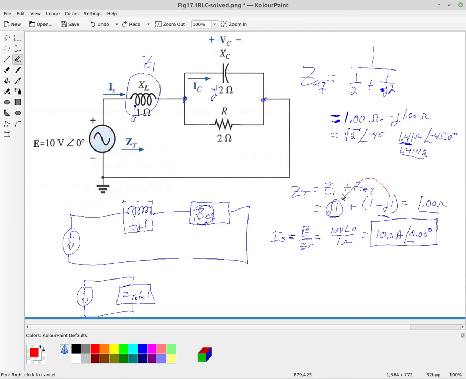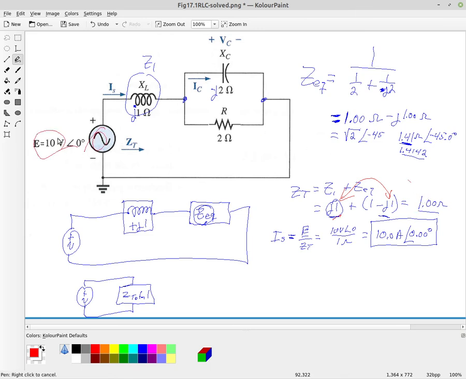So these values were equal. This is what we call resonance, and weird sort of things happen at resonance, right? Because as you can see, these two cancel out, and we were left with what appears to be nothing but resistance.